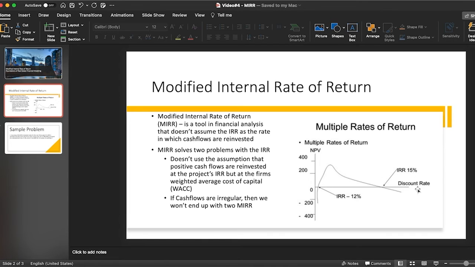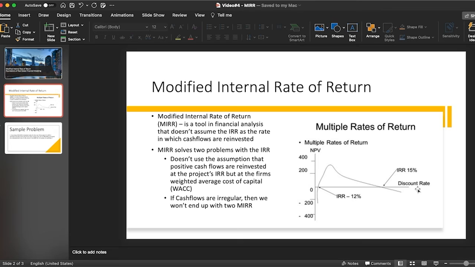If you have a project with irregular cash flows, say you start with a negative cash flow and then have a positive, negative, positive, then you would technically have multiple IRRs, and none of them are correct or incorrect, technically speaking. That's when you would have to use a modified internal rate of return and employ your NPV analysis to have a decent comparison.